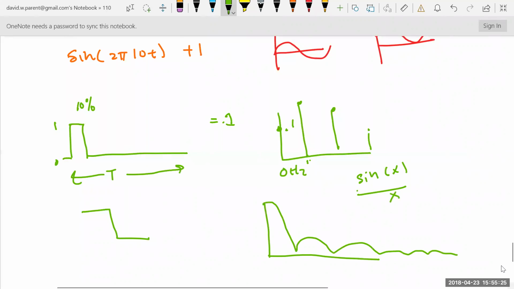So it's really hard to see at 50%, but at 10%, if I take out enough points, you'll see it kind of doing the sinc function. I just thought that was interesting.